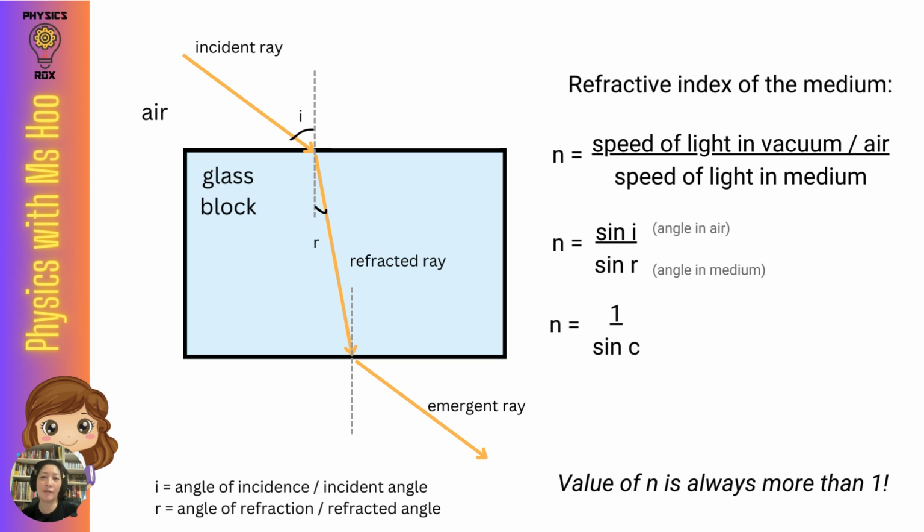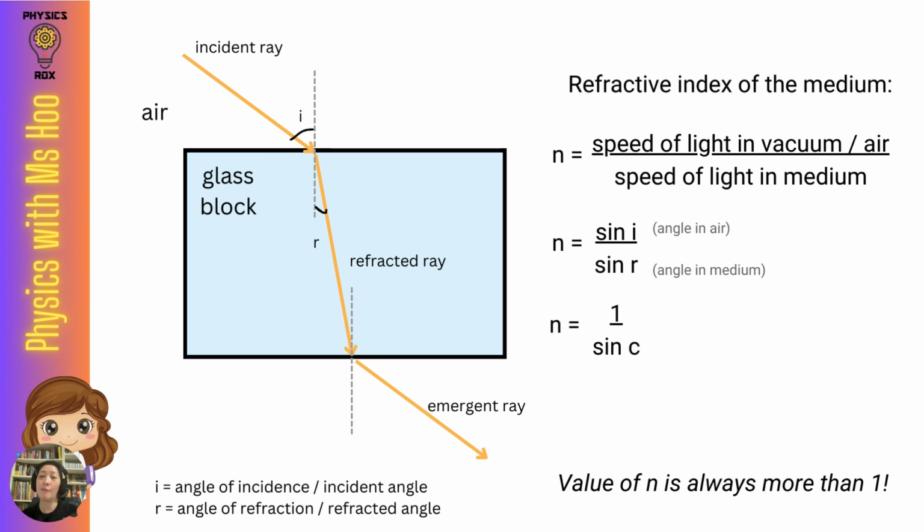So instead of overloading you with too much information right now, let's take that into another video where you can find out more about total internal reflection in all its glory. So this is just an overview.